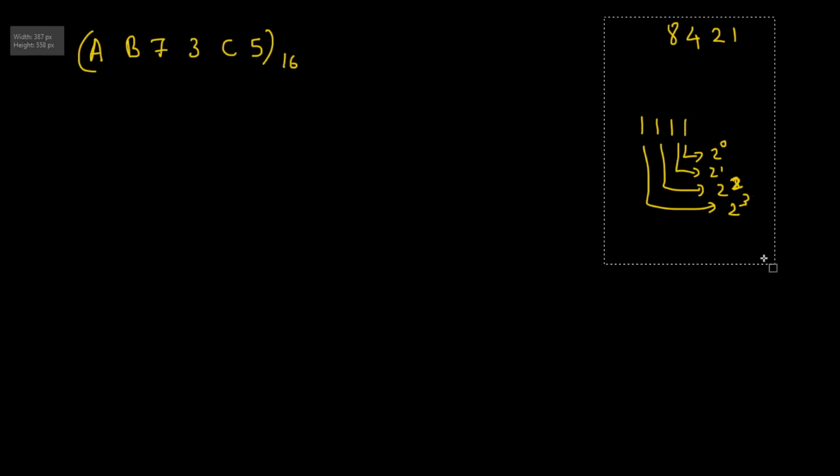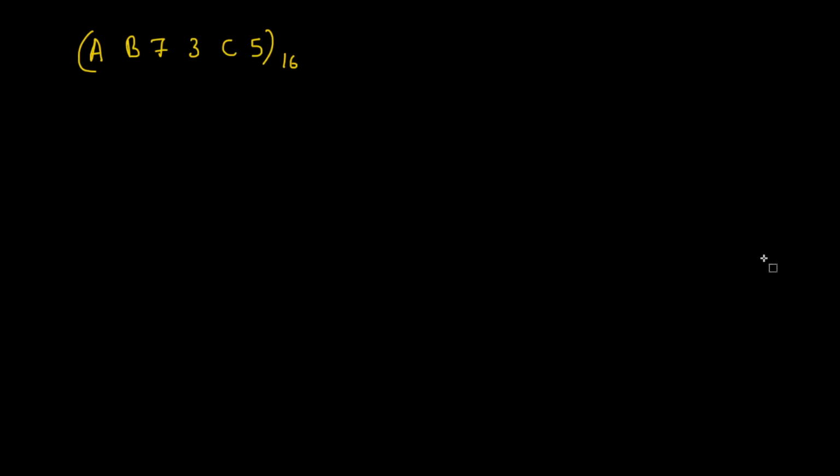So let's apply that. First I put the 8421. We want to convert this to base 2, so I apply 8421 to 5. I put it right here, so we have enough space. First we want to convert this 5.